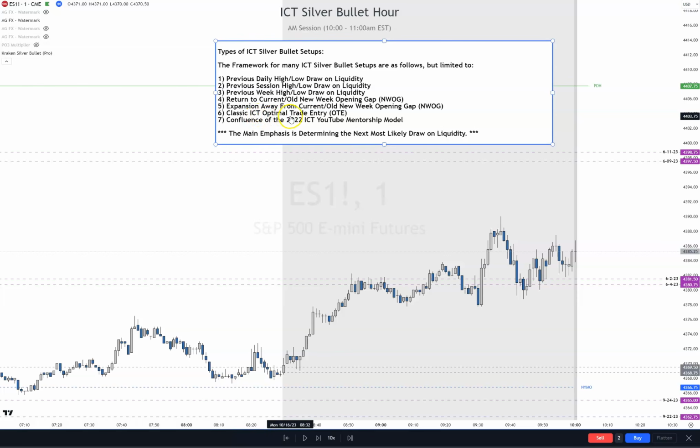Okay, classic ICT optimal trade entry is an entry technique, and confluence of the 2022 ICT YouTube mentorship model is another entry model, right? So all these are draws on liquidity, and then there's some entry models, right? That's the rules that he came out with.